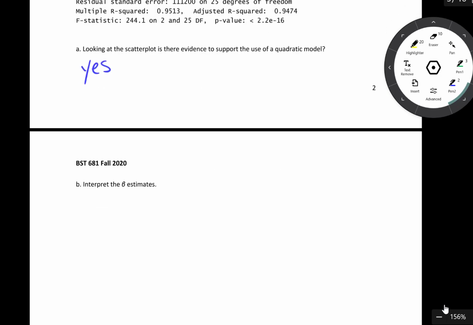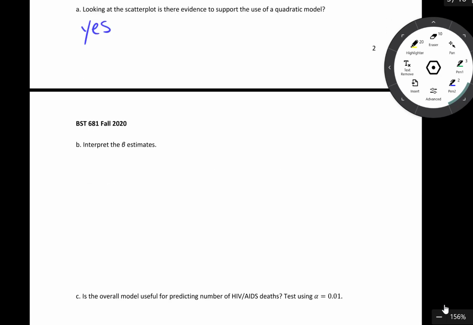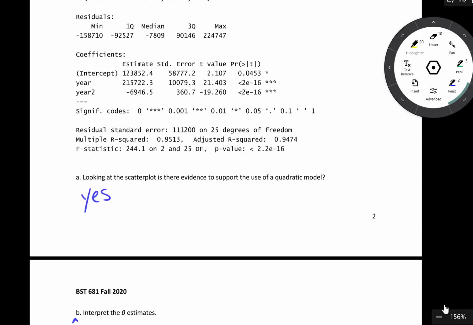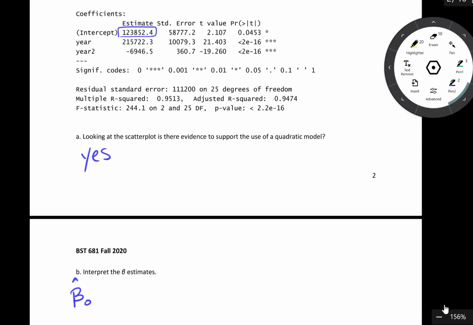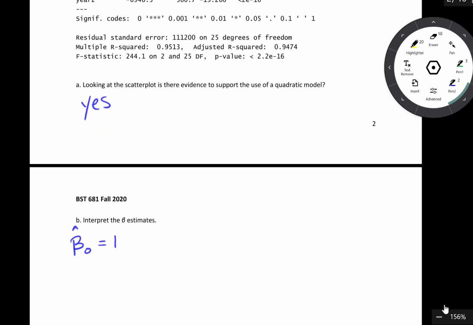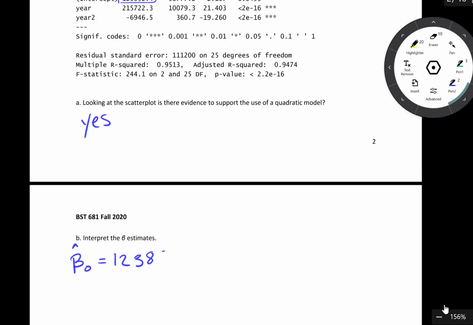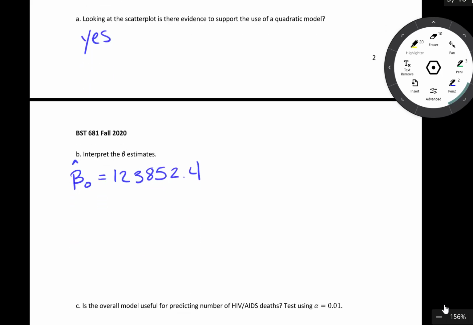So next, let's interpret those beta estimates. So we're going to start out with our intercept. So if we look up here, we can see the intercept estimate is given right here. And we can interpret it.